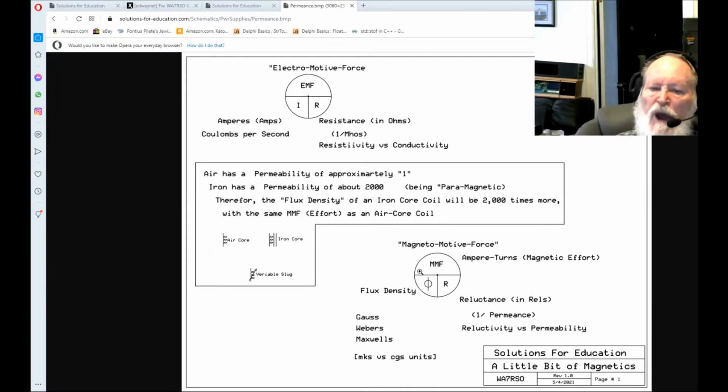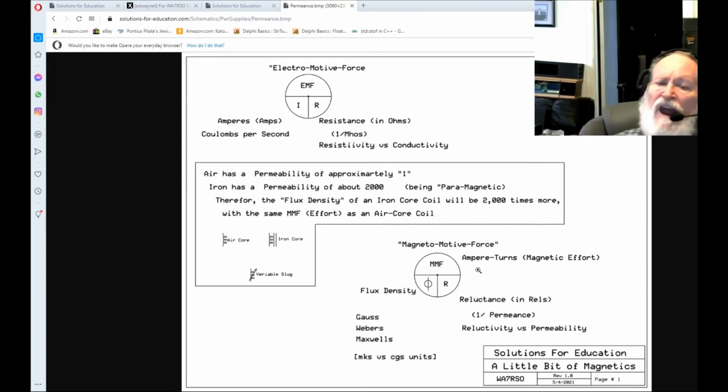This is an ampere effort, that is a magnetic effort, depending on how many amps and how many turns of wire. Now that's important. If you have 2 amps and somebody says, okay, that's nice, but how many turns? Because the magnetic effort that's there, called magnetomotive force, depends on how many amps and how many turns.